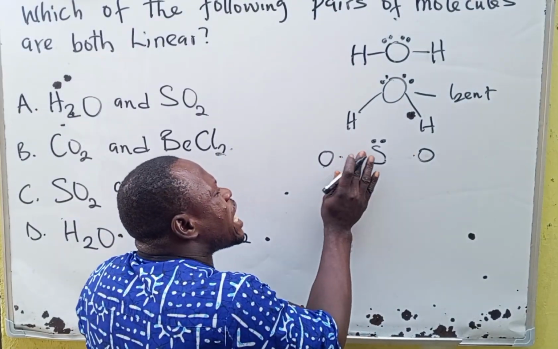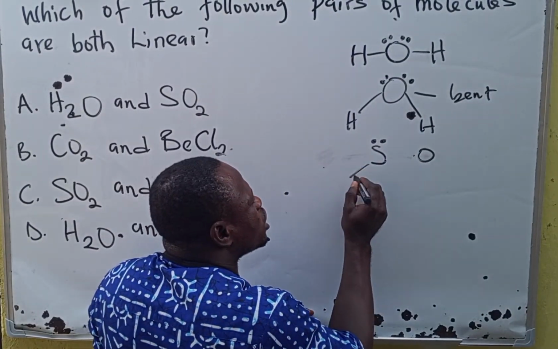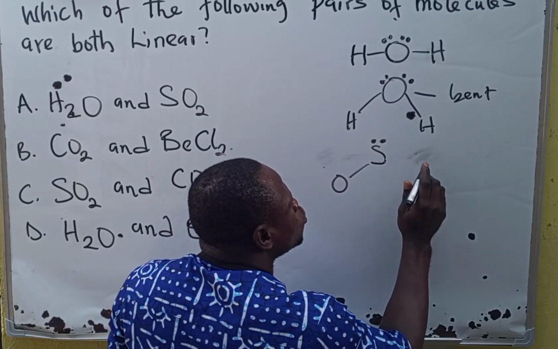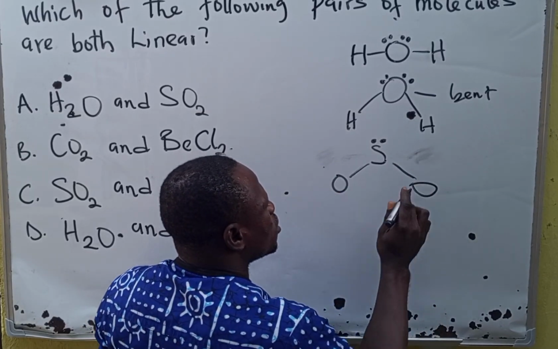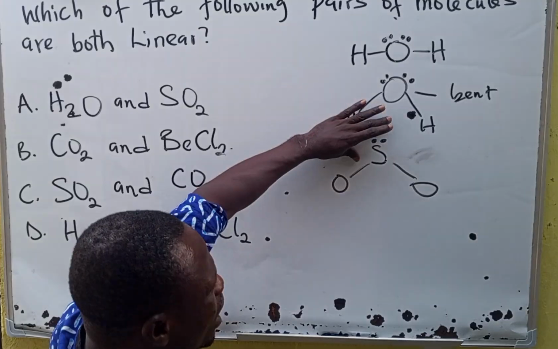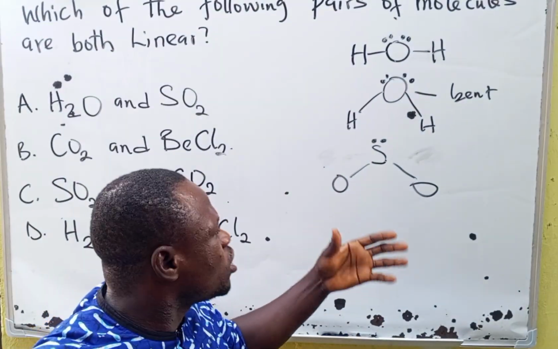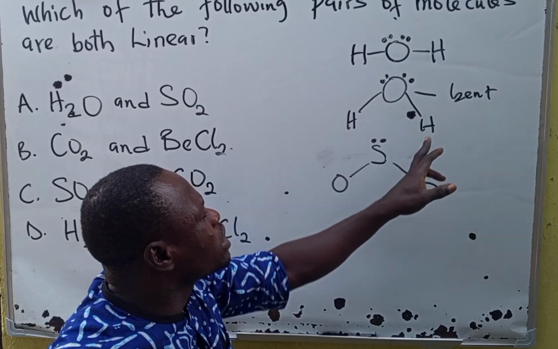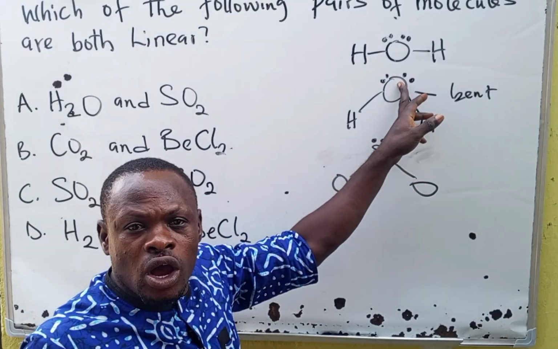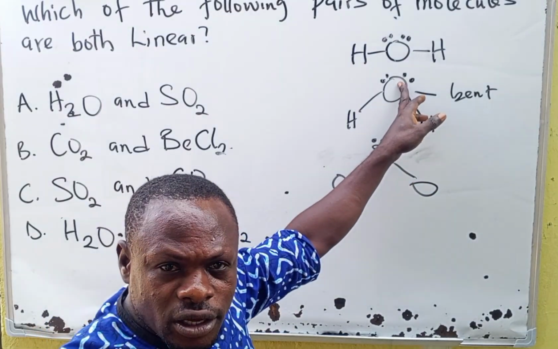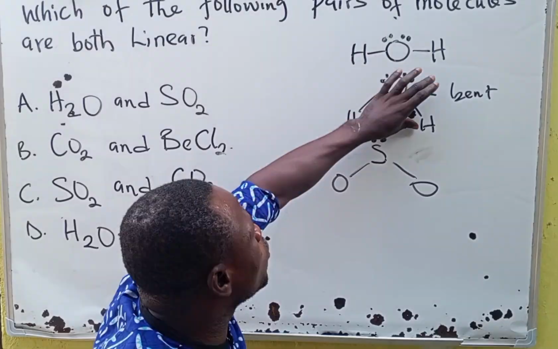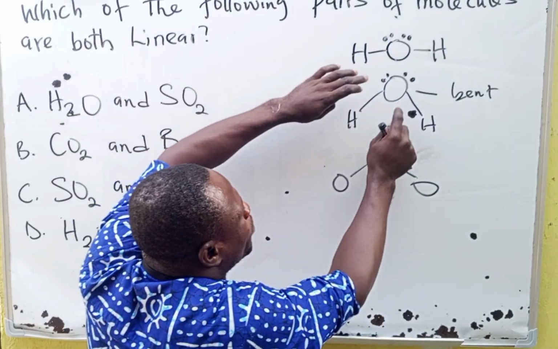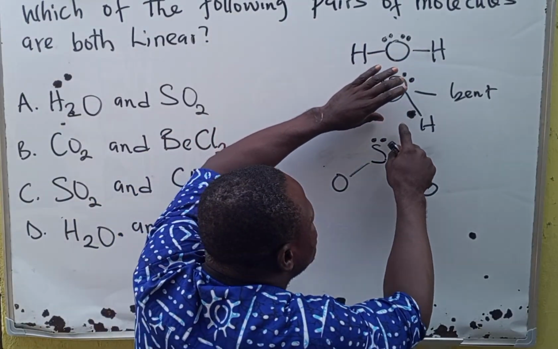Because of the lone pair of electrons, this molecule also bends. Anytime a structure has a lone pair, it will cause the structure to bend. But this one will bend more than that one, because water has two lone pairs. That is why the bond angle of this one is lesser.